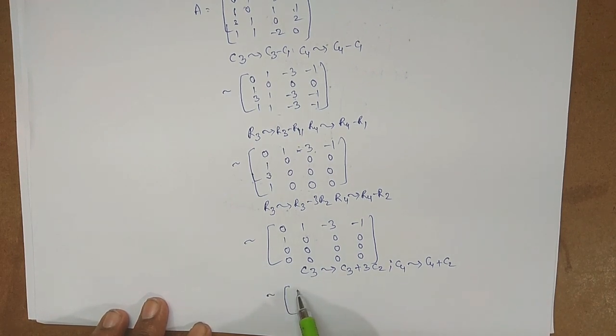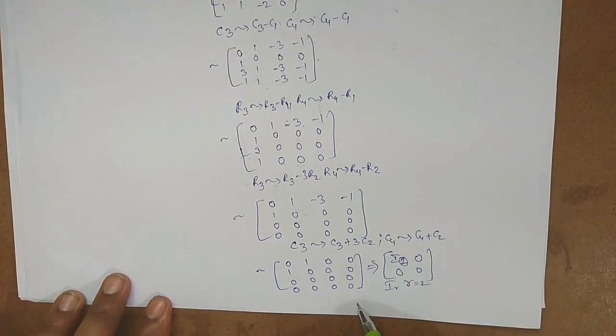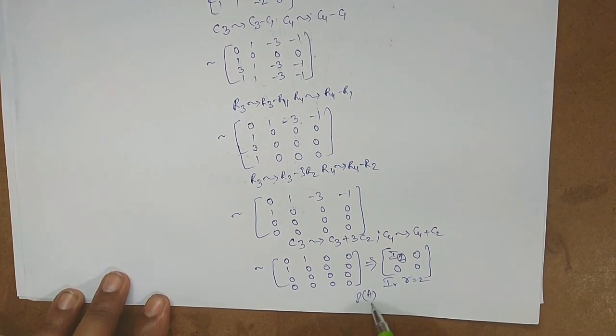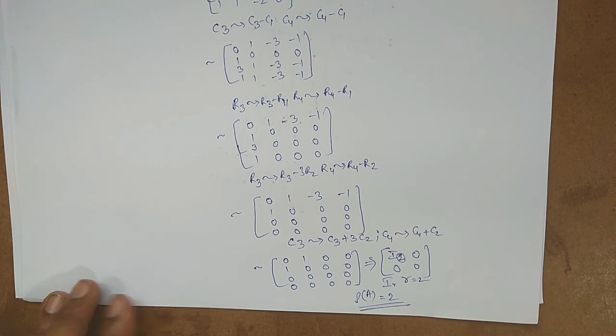The final thing which you get here is 0, 1, 1, 0, minus 3 plus 3, because 3 times this, so this is 0, and minus 1 plus 1, this is 0. This is 0, 0, 0, 0, 0, 0, and the last row will be 0 again. So the rank of that matrix A which you have taken will be 2 here. Okay, thank you.